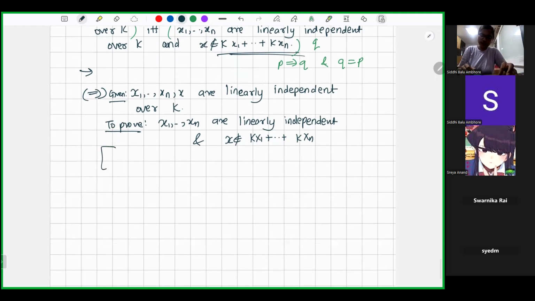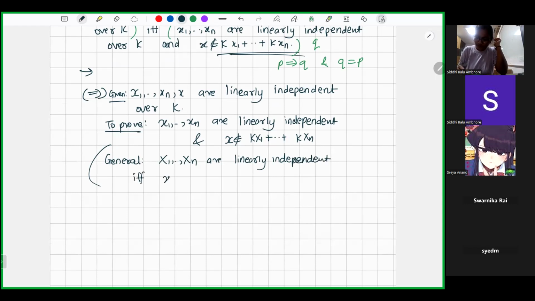In general, what this statement says is that the general setup is x1 to xn are linearly independent if and only if x1 to x_{i-1}, x_{i+1} to xn are linearly independent and xi does not belong to this span.